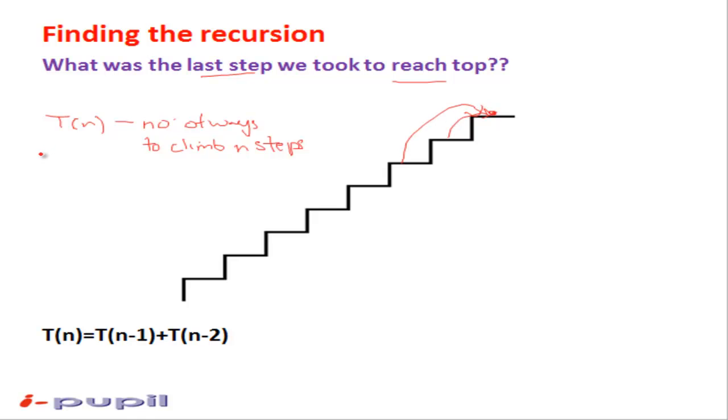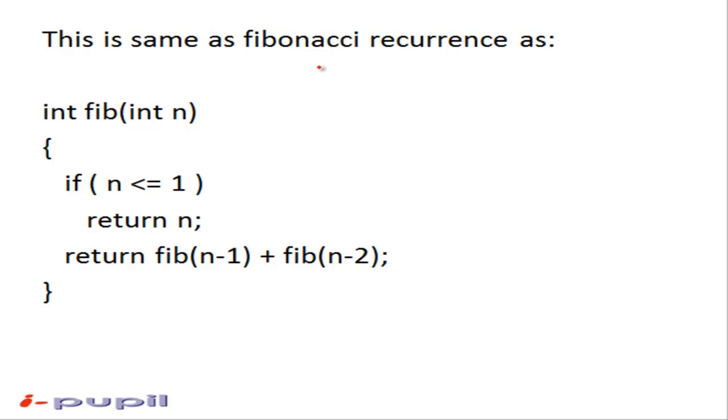Thus, our answer to Tn, that is the number of ways to climb n steps, is the sum of the number of ways to climb n-1 steps plus the number of ways to climb n-2 steps. Since the staircase problem is also the Fibonacci recurrence, we provide a recursive solution to the Fibonacci series problem. In this C code, n represents the nth term of the Fibonacci series.